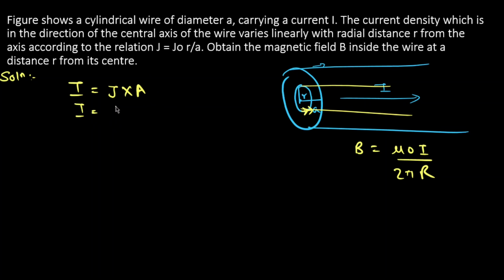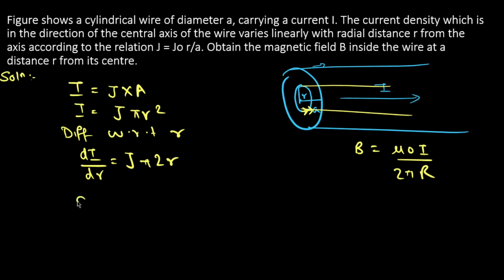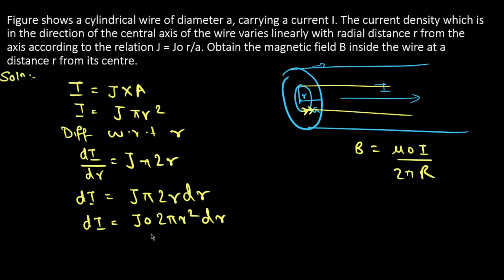If we differentiate this, since the current will increase as the radius keeps on increasing, we'll have dI equal to J into 2 pi r dr. Since J is given to us as J naught r upon A, dI will be equal to J naught upon A times 2 pi r square dr.